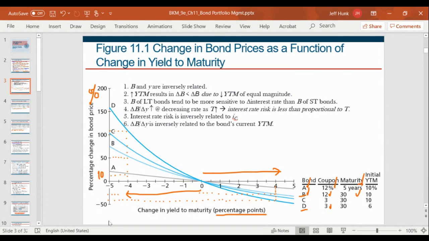So why is the long-term bond more sensitive? Also let's take a look at the case when the interest rate goes up. When interest rate goes up by 4%, bond A, which is a short-term bond, drops only about 5%, but bond B drops by about 25%, right?